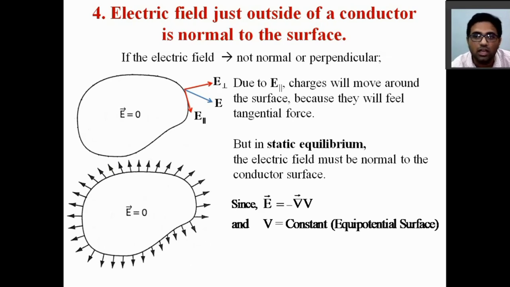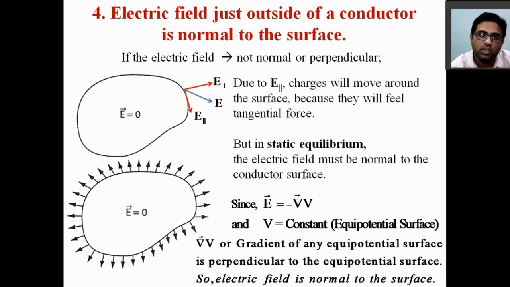The gradient of any equipotential scalar surface forms a vector which is normal or perpendicular to the equipotential surface. So this is very important. This vector is basically the electric field vector. So we can say the electric field is normal to the conductor surface.